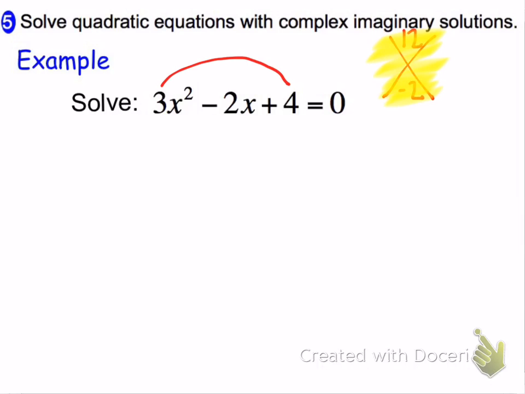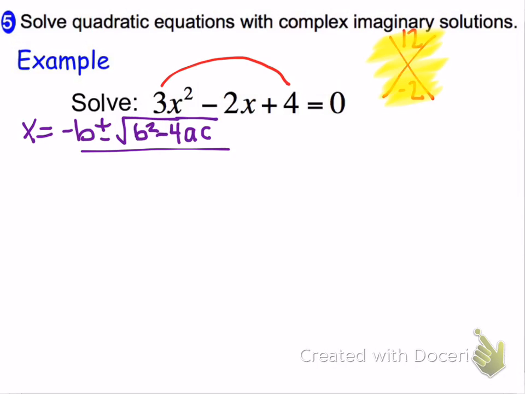So, when we go to solve this quadratic equation, we have to use our good friend, the quadratic formula. Hopefully you remember. If not, write this down. Negative b plus or minus the square root of b squared minus 4ac, all over 2a. That's our quadratic formula.